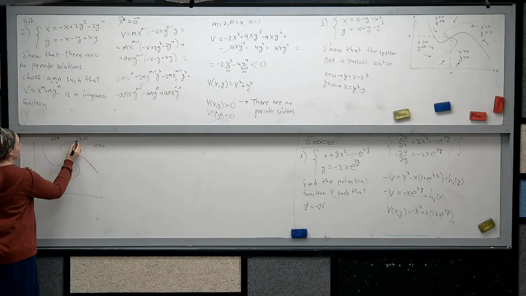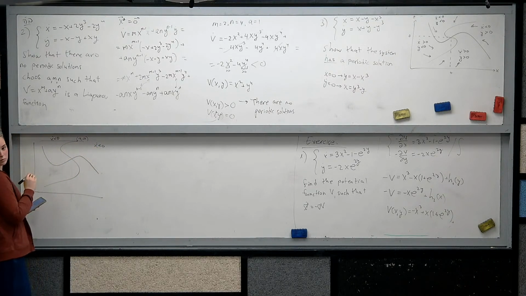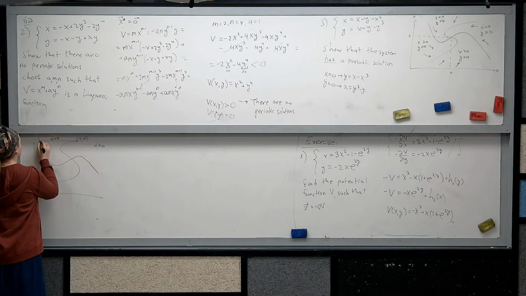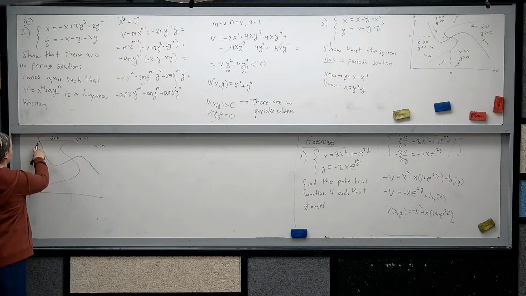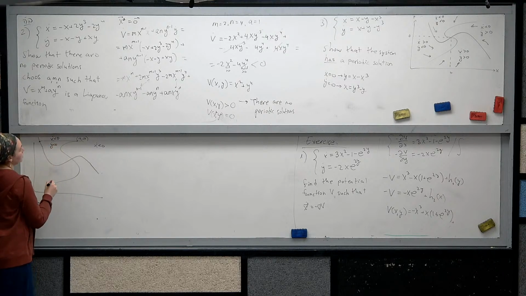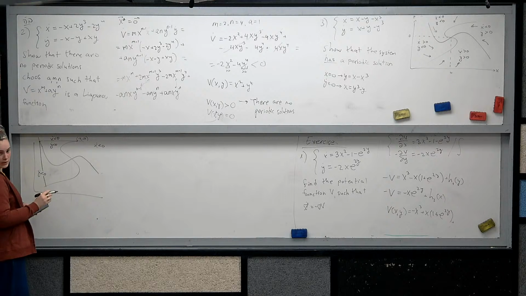That means that this point will go this direction until it hits this line. And here we have y dot lower than 0, and also here y dot lower than 0. That means that it will go down until it hits this point.